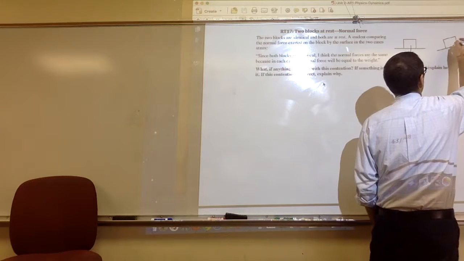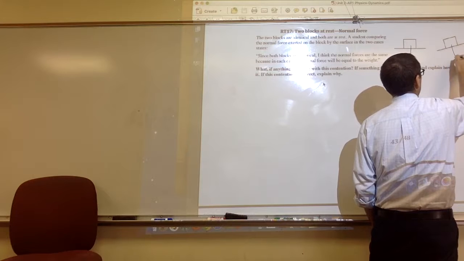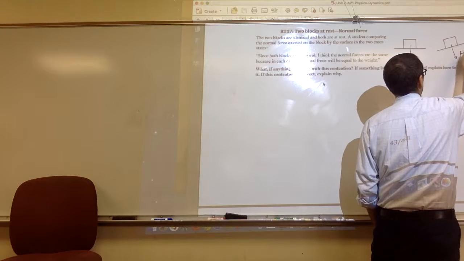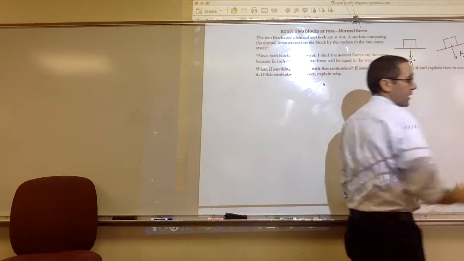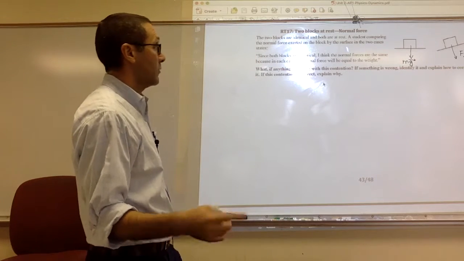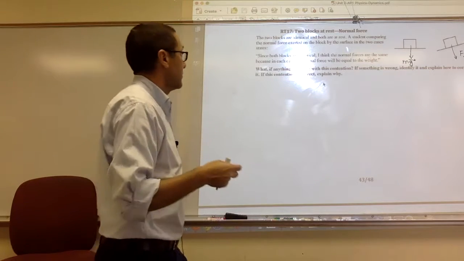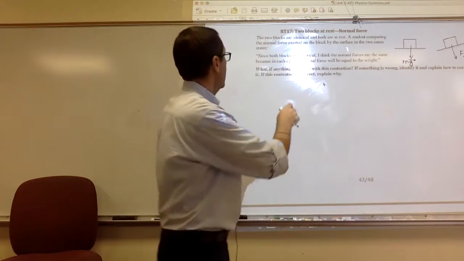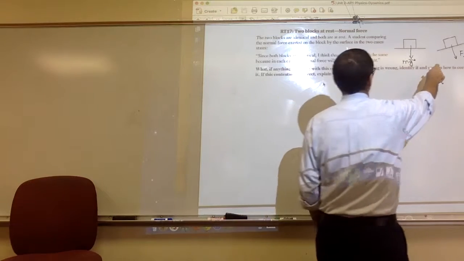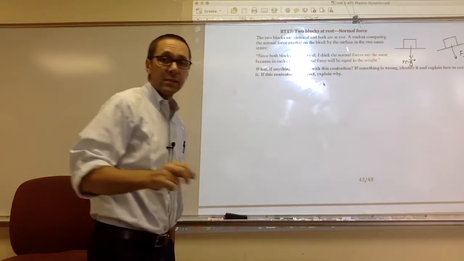In this part here, you only have to support part of the mg, one of the components of the mg, which is the perpendicular component. And for all vectors, any of the components is always smaller than the vector itself. Okay, so in this case here, the normal force when you are on the ramp is less.